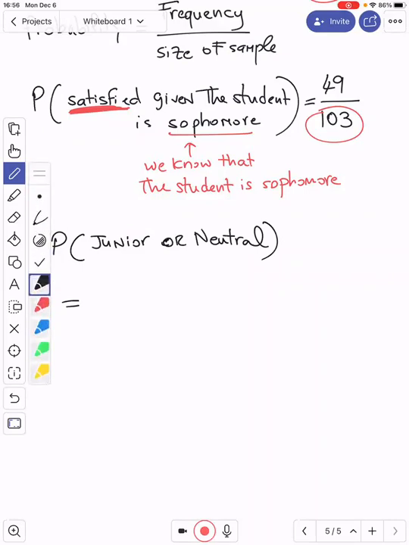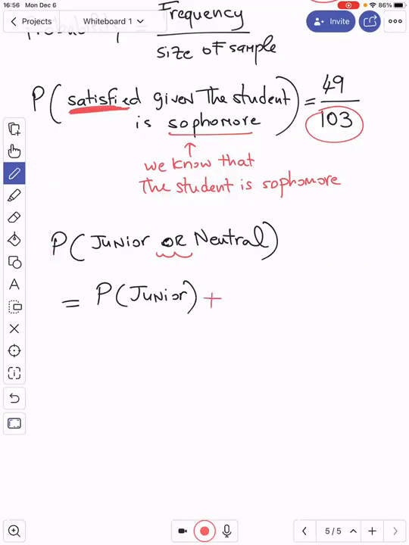So we need to apply a probability rule because it's "or", right? So that will be the probability that the student is junior plus the probability that the student is neutral, right?